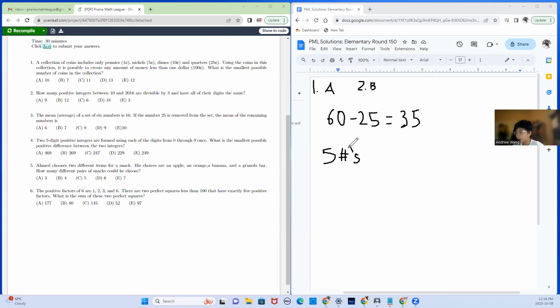So the sum we have is 35, and we have 5 numbers. So the average is the sum of the numbers divided by the number of numbers, if that makes sense. So the average of this new set of 5 numbers will be 7. So 7 is B. So 3 is B.